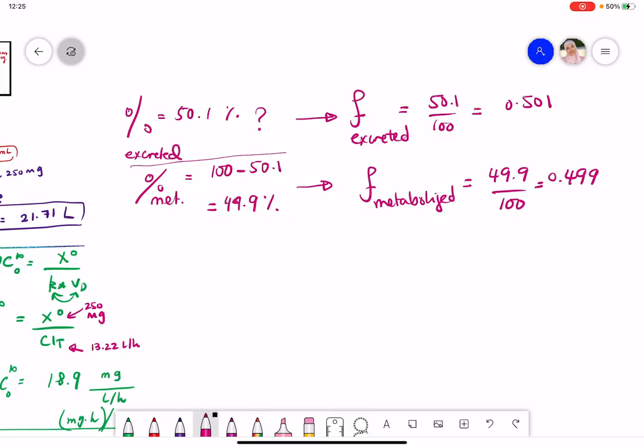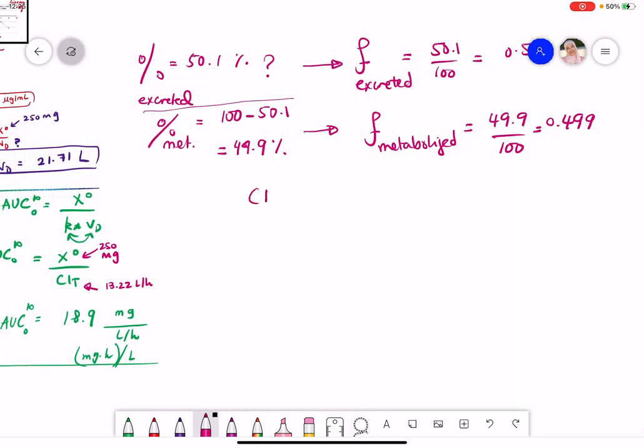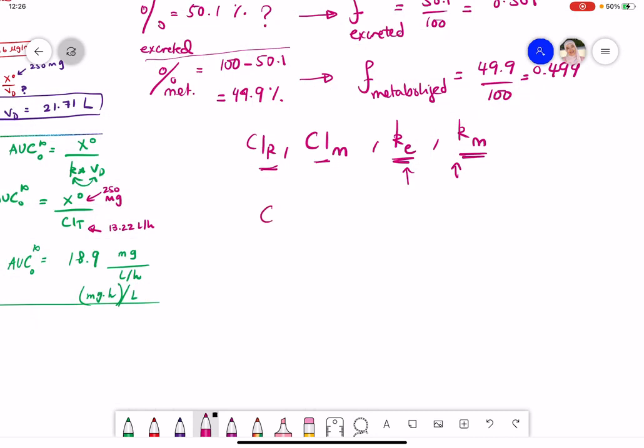So it's asking us about renal clearance, metabolic clearance, KE and KM: the first order excretion rate constant and the first order metabolism rate constant. You can either start with the K's and go back to clearances, or start with the clearances and then go back to the K's. So let's start with the renal clearance.